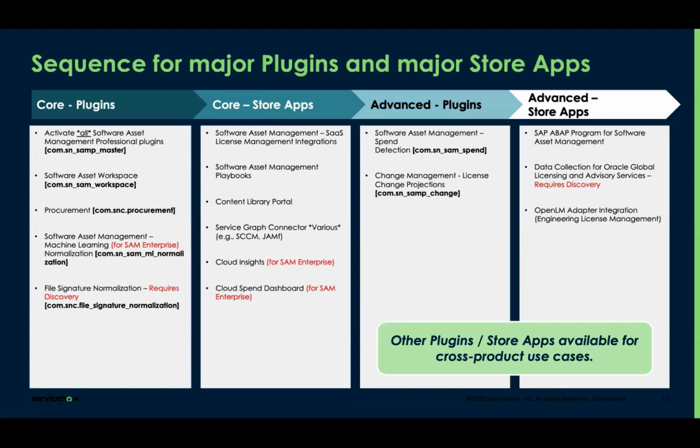Within the store apps, we're looking at the SaaS license management integration. So that's going to be all of our out-of-box license connections or SaaS connections, as well as the metrics for the SaaS, the user subscription and license metrics. Service Graph is in here.